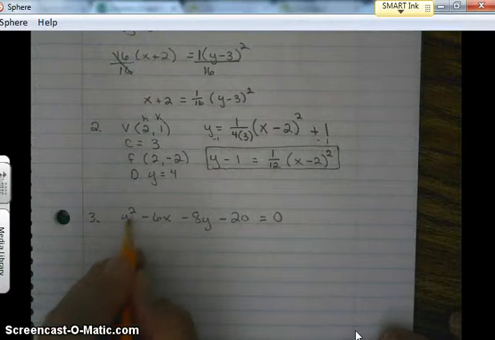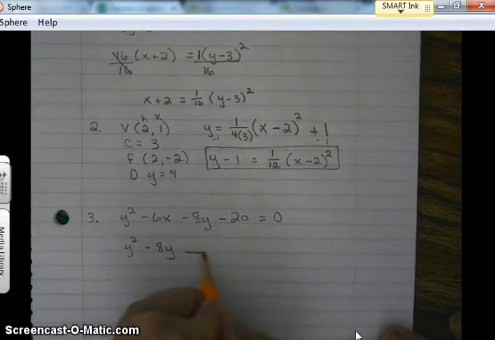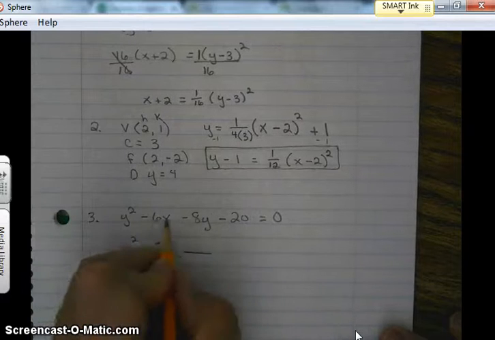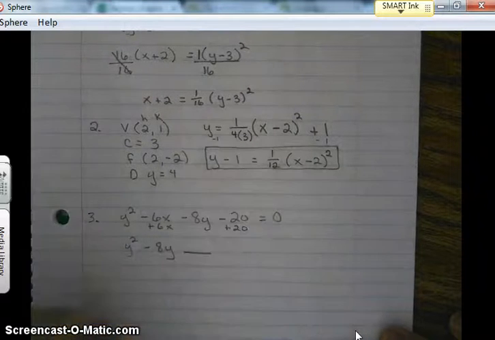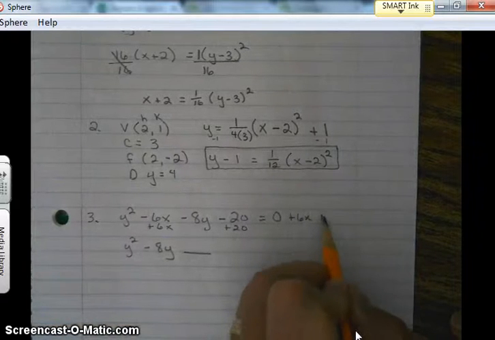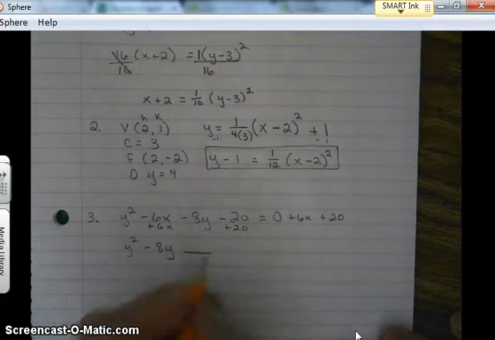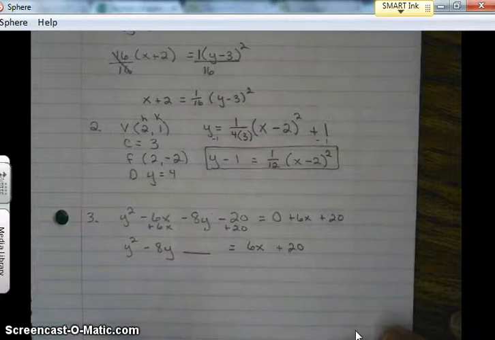So we want y squared. We want the minus 8y. And then we're going to leave a blank. We're going to move everything else to the other side. So we have to cancel them on the left, add them on the right. Okay?